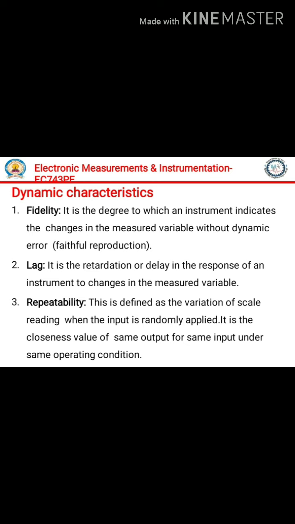Under dynamic characteristics, fidelity is the degree to which an instrument indicates a change in the measured variable without dynamic error. It means how faithful the response you are getting under dynamic, changing conditions. Lag is a retardation or delay in the response of an instrument to changes in the measured variable.